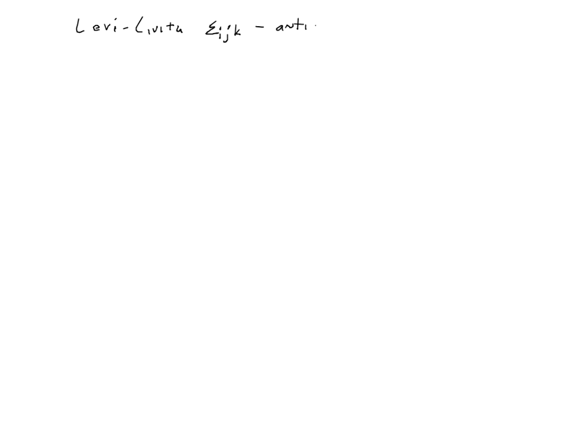And this is known as an anti-symmetric symbol. It is not a tensor, and the reason is that it does not transform like a tensor. This thing has the magical property that it is completely anti-symmetric and has 3 indices.